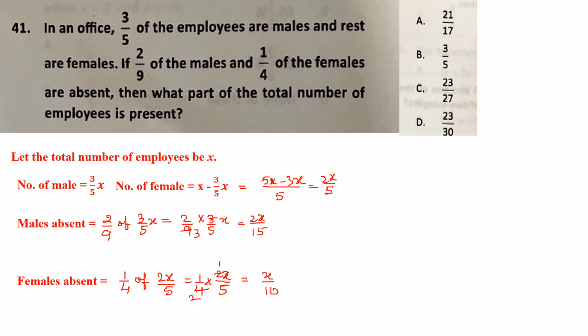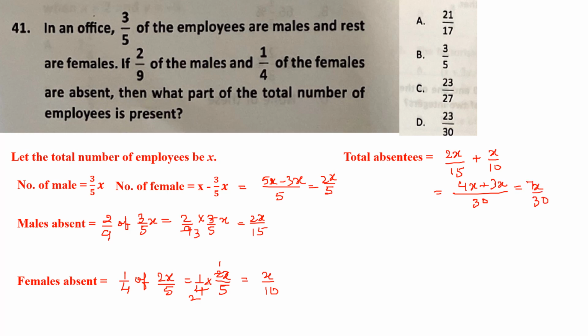So now I have the value of how many males are absent and how many females are absent. Let's find the total absentees. The total absentees will be 2X by 15 plus X by 10. The LCM will be 30. So 15 times 2 is 30, 4X plus 3X, which will give me 7X by 30.